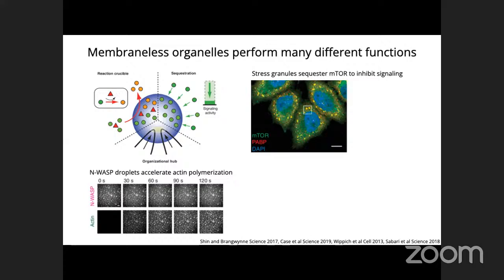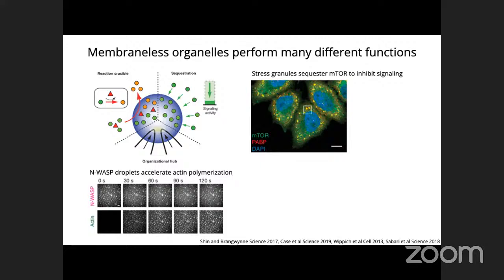I can stop something from happening. And so there's a sequestration function, where in the stress granules I showed you before, in response to stress, cells want to stop making new things because they might make a mistake, because the substrate might be damaged. So they sequester these proteins away from their target so they can't act on a damaged substrate, for example.